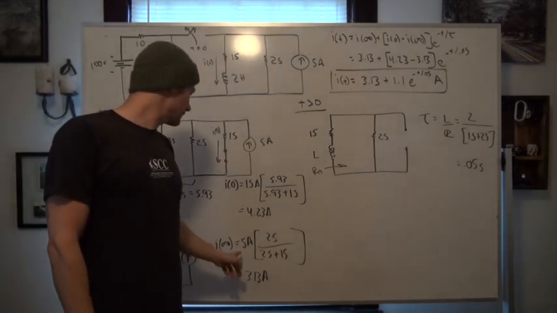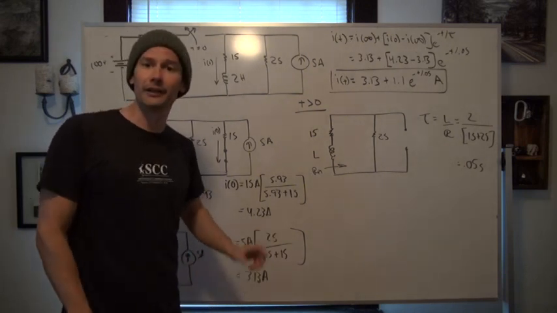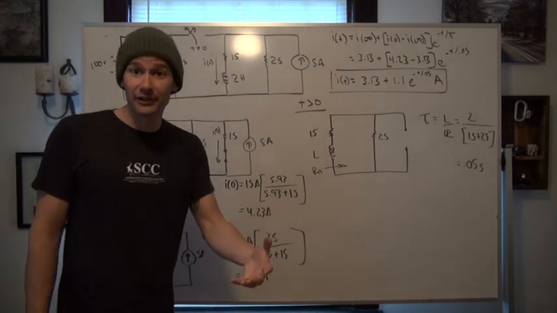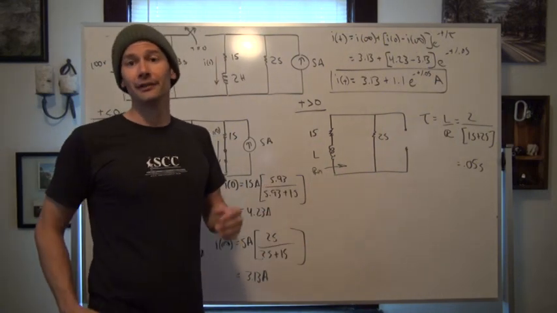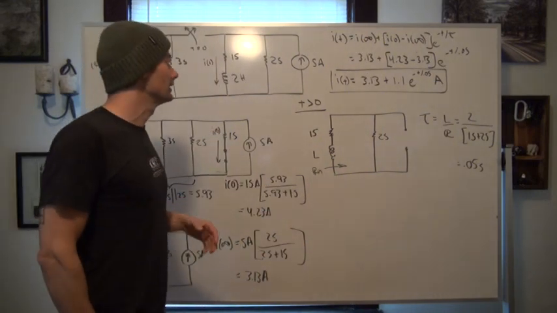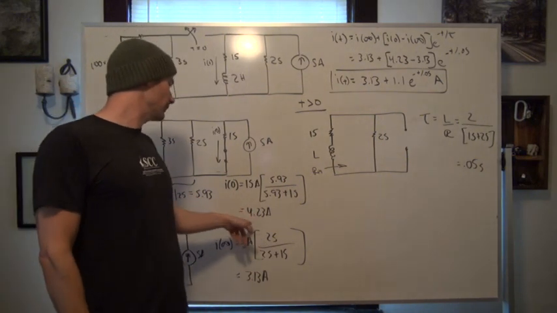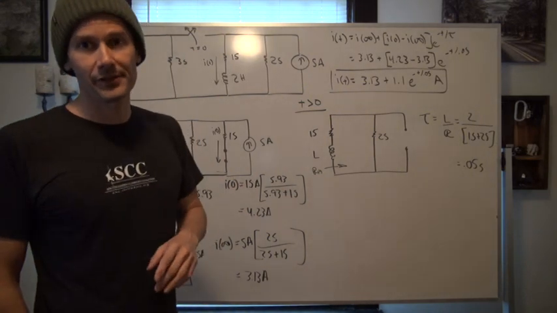So I infinity is equal to 5 amps times 25 over 25 plus 15, rendering a final value of 3.13 amps, the final current that's going to be flowing through that inductor in steady state. The cool thing is that we see it dies down from 4.23 amps all the way down to 3.13 amps, which is our steady state.